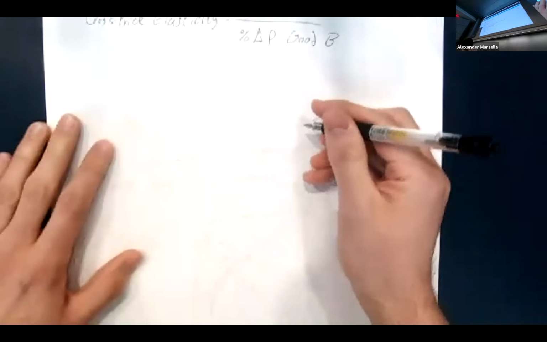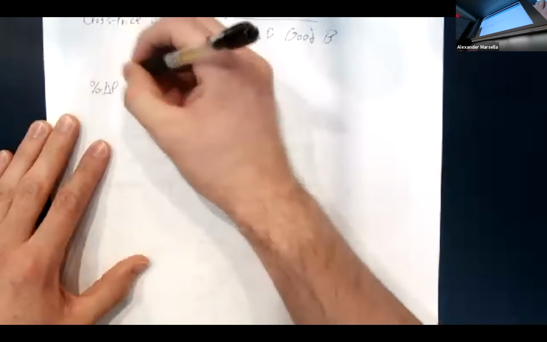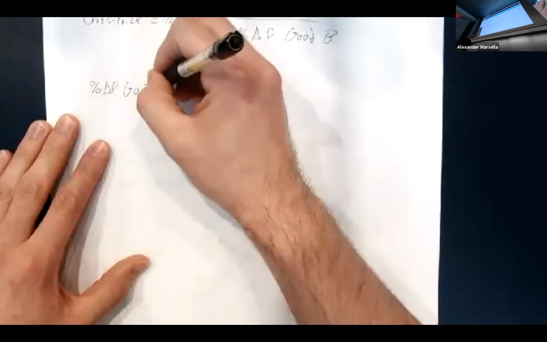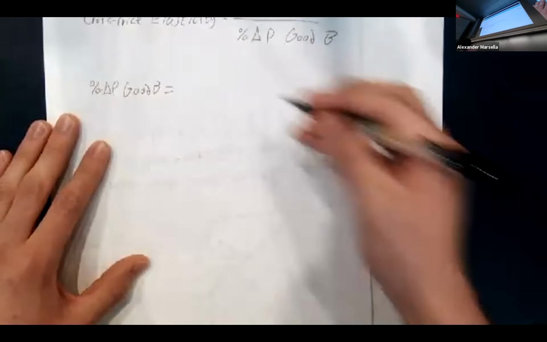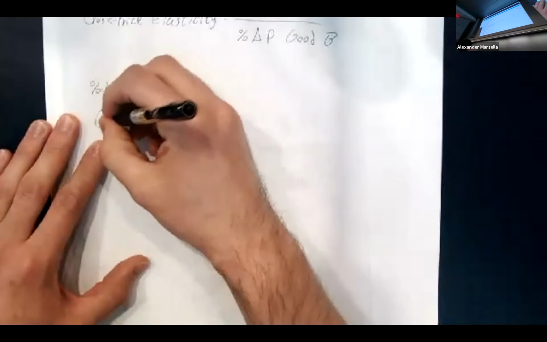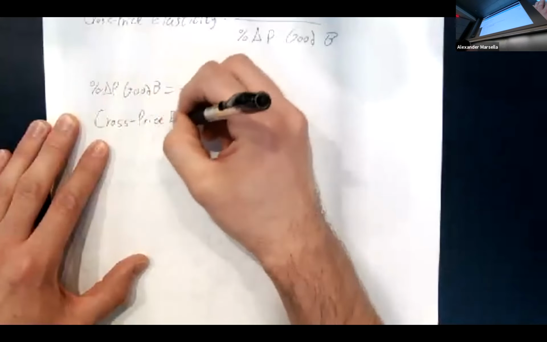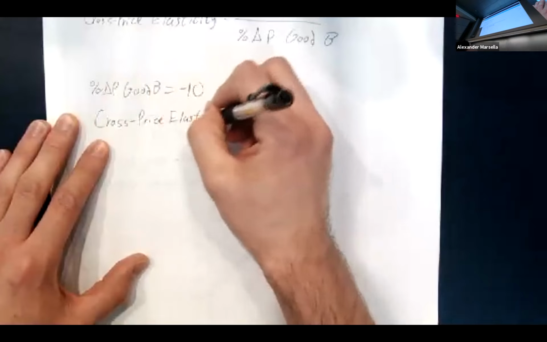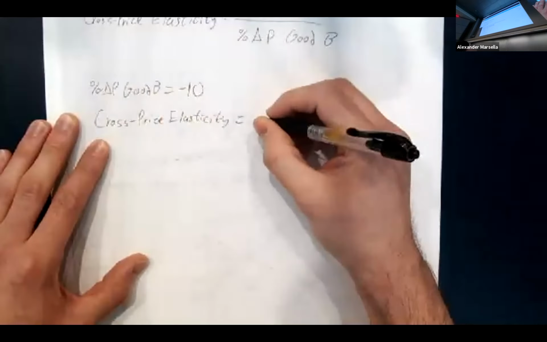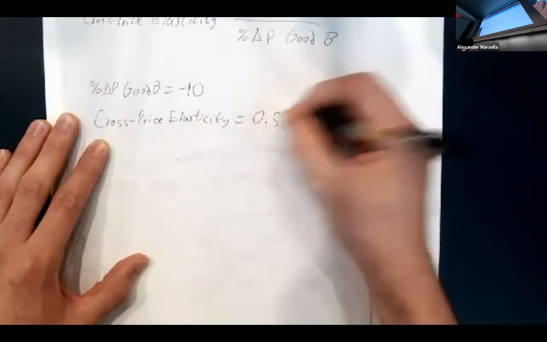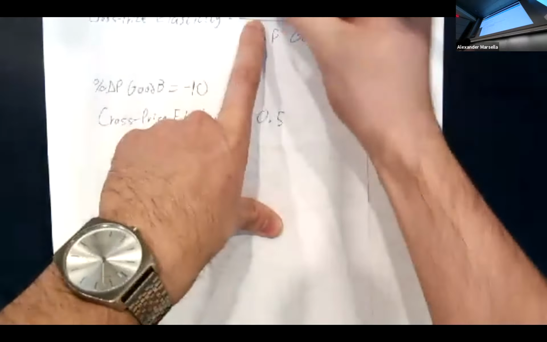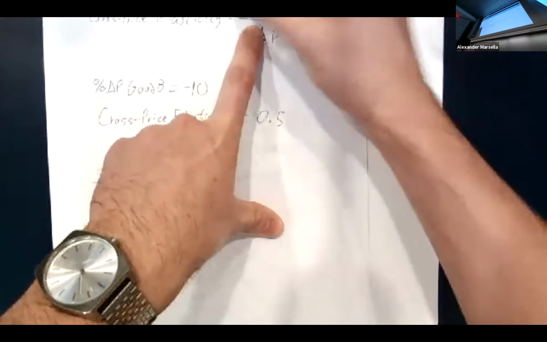If I said, for example, that the price of good B falls by 10%, then this number would be -10. And let's say the cross price elasticity is 0.5, so positive 0.5, okay? Well, we're solving for this.